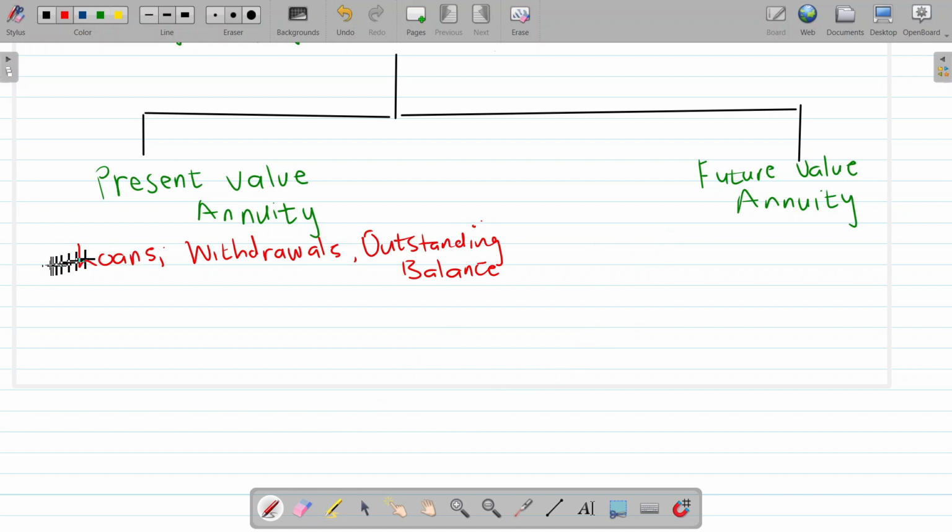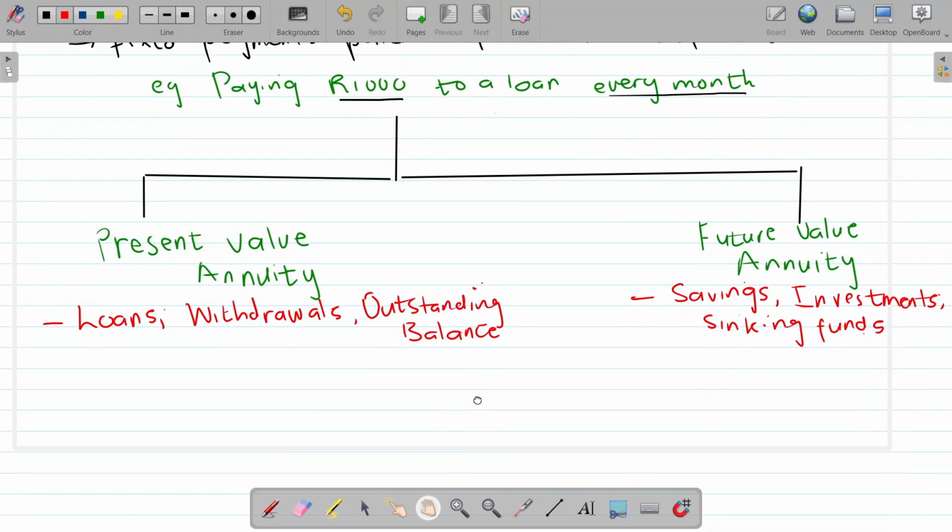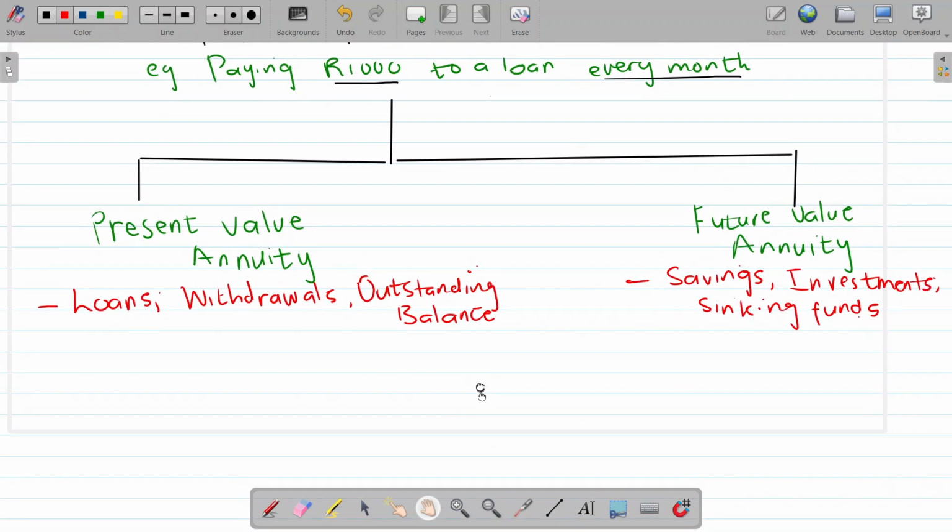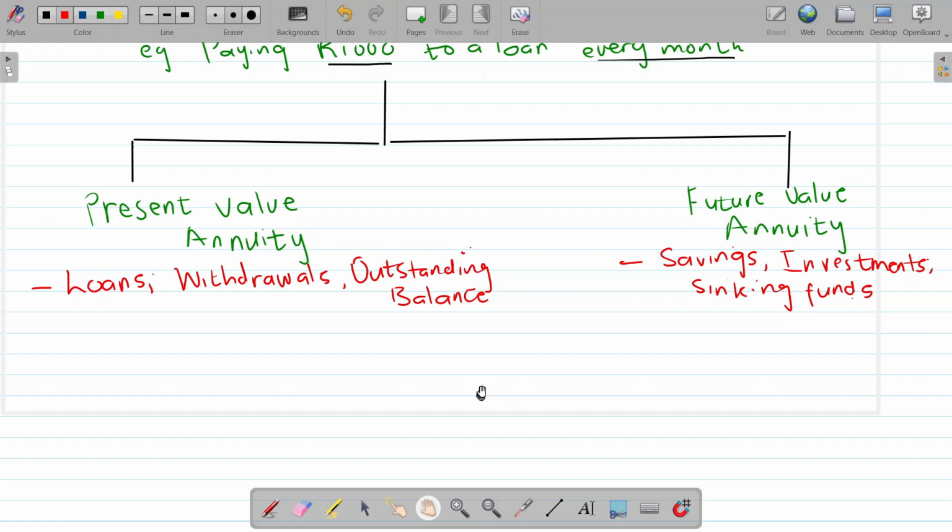While on the other hand, a future value annuity is used for savings, investments, sinking funds. So the way we differentiate these two annuities is based on whether we are paying fixed amounts at fixed intervals towards a loan or towards a savings or investment.